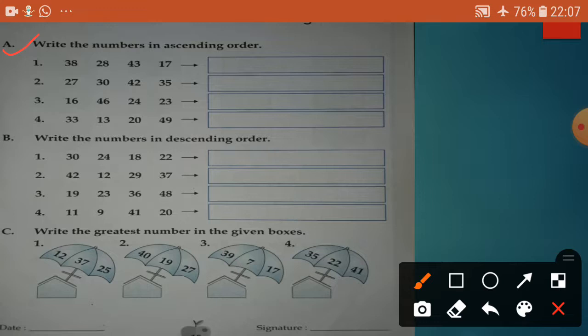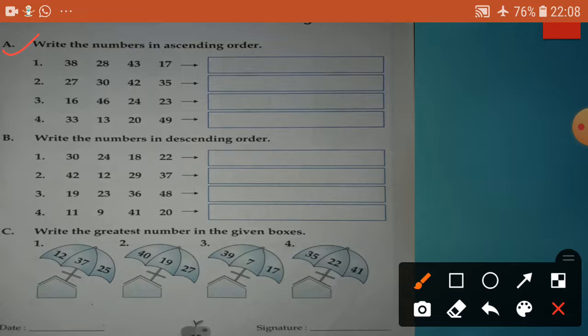So you know, first you find the smallest number. Different numbers: 38, 28, 43, 17. So write the numbers in ascending order, smallest number to biggest number.